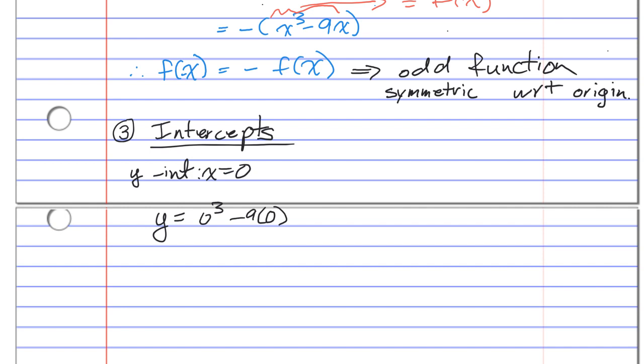So we have 0 cubed minus 9 times 0, which is y is equal to 0. So that means we have the point 0, 0 as one of our key points for our graph. Now I'm going to put a little box around that because we can use that later to help us graph.